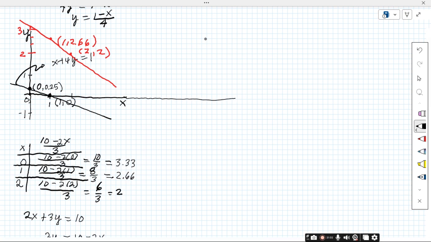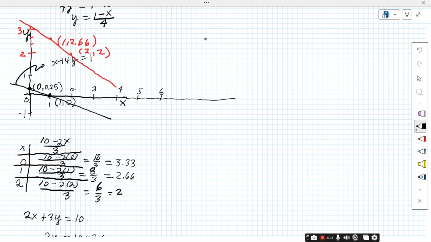Again, we try to count 4 segments: 1, 2, 3, 4. That's 3. Of course, this is just an approximation. 1, 2, 3, 4. So this is 4, until we reach 7.4 approximately. 1, 2, 3, 4. So that's 5. 1, 2, 3, 4.